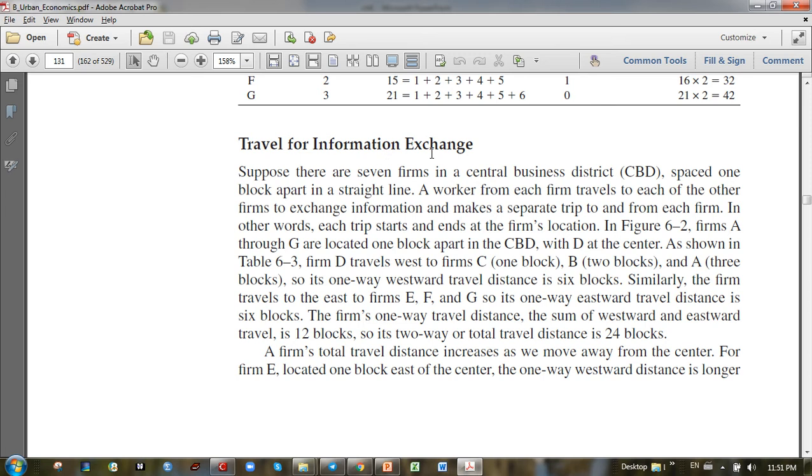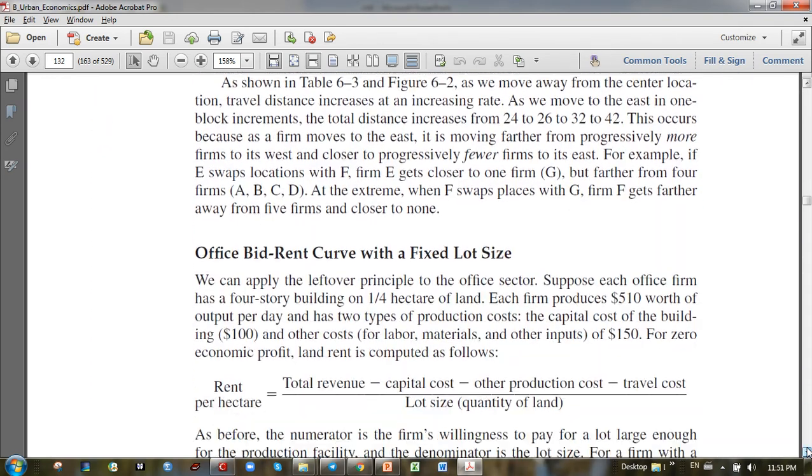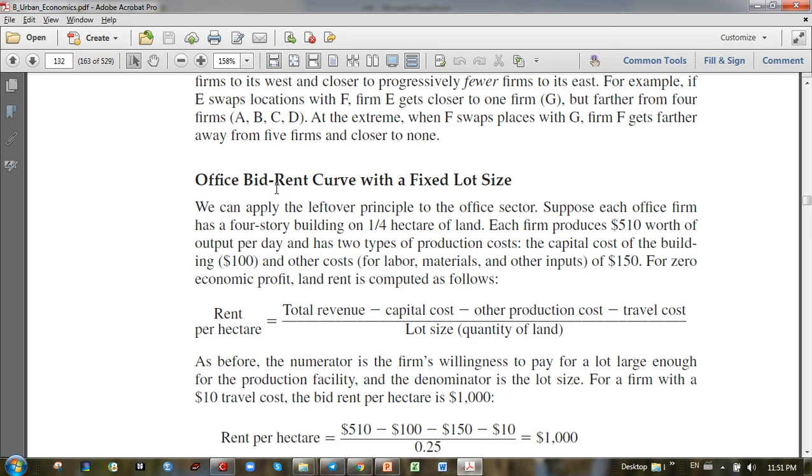Traveling for information exchange. It is about this table and the previous graph above. Office bid rent curve with a fixed lot size, that means constant size of the land. This is some calculation.